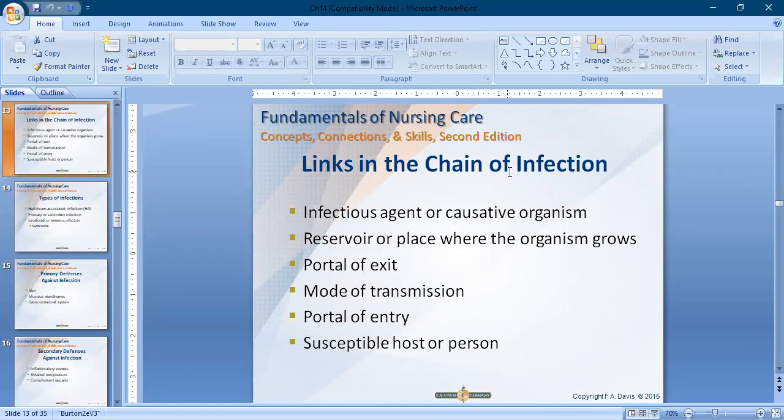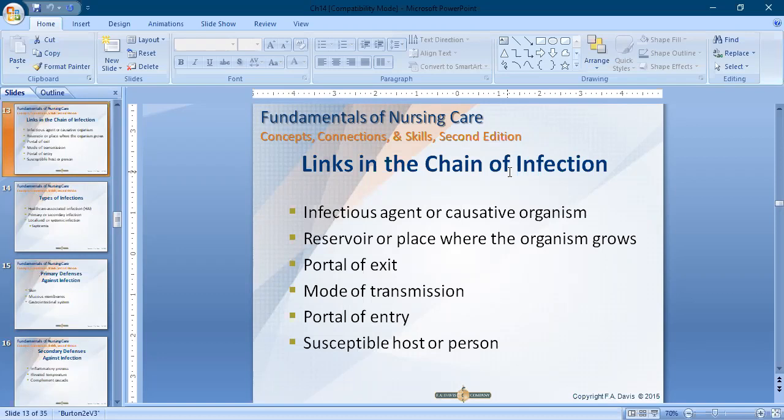Chain of infection. So if you know how to cut up the chain, meaning you break down the chain, you stop, protect or prevent the spread of microorganisms, right? And when you know how to prevent or cut the chain of infection, at that time you can stop the disease, right?